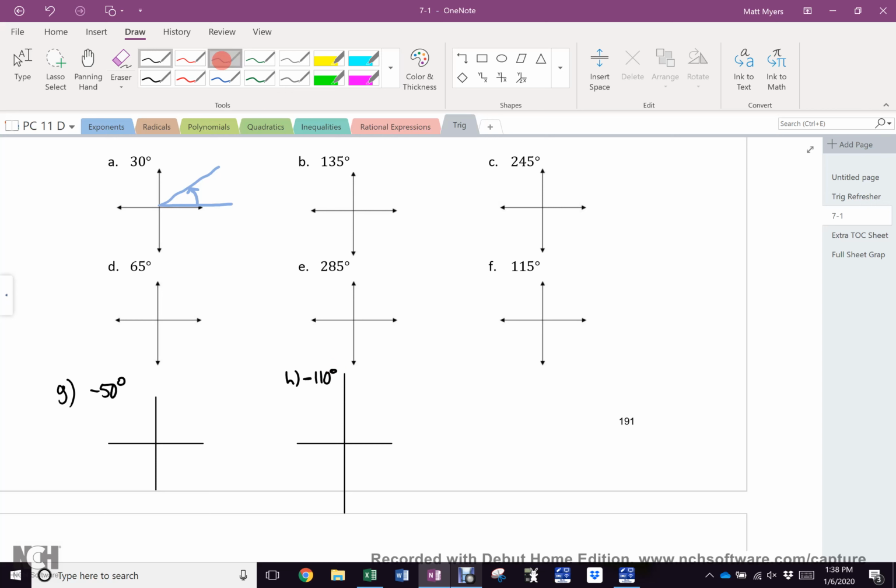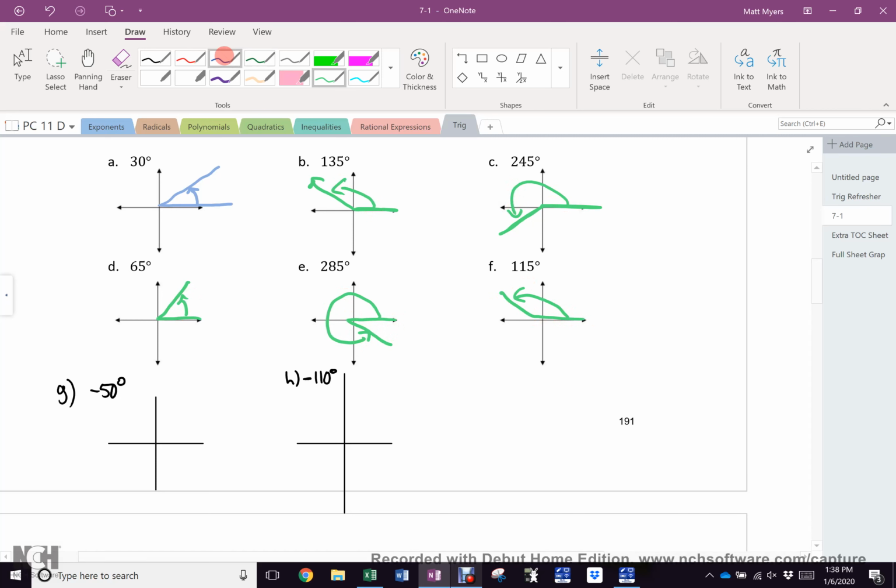All right, where is B? Second one, out there. Where's C? Third one, down there. Where's D? First one. Where's E? Fourth one. Where's F? Second one. And they all go this way, right?